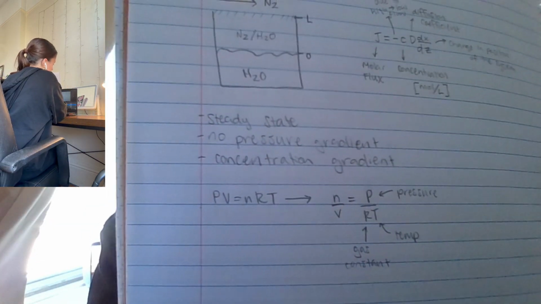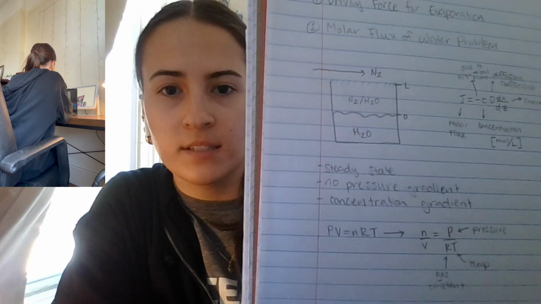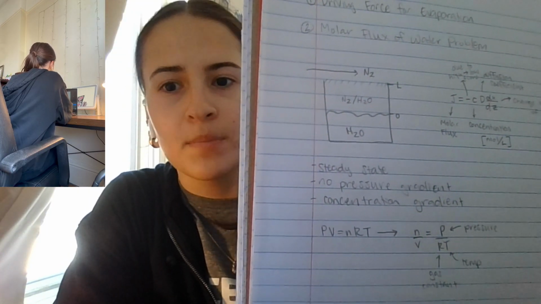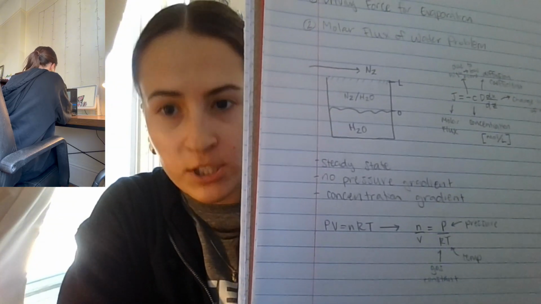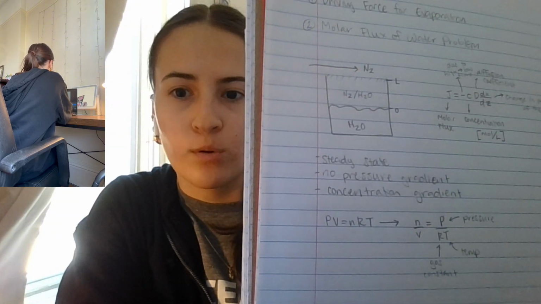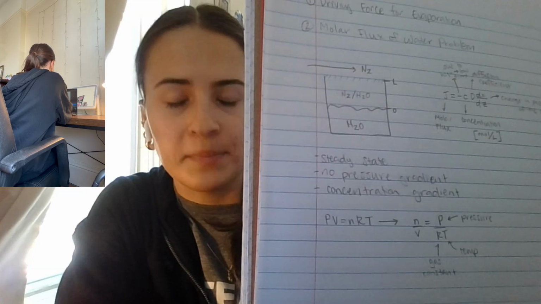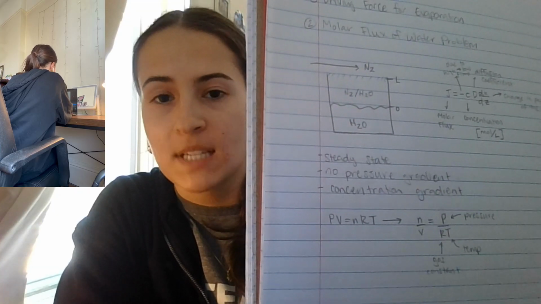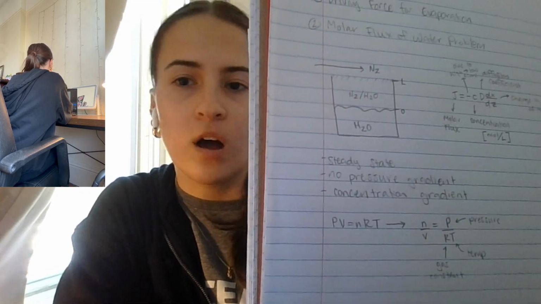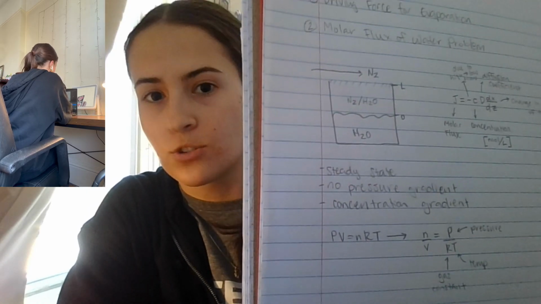This is easier for us to analyze the concentration because we can look at a measurable pressure of whatever we're looking at. The gas constant remains the same, and then a measurable temperature as well. So this makes it a lot easier for us to analyze our concentration.